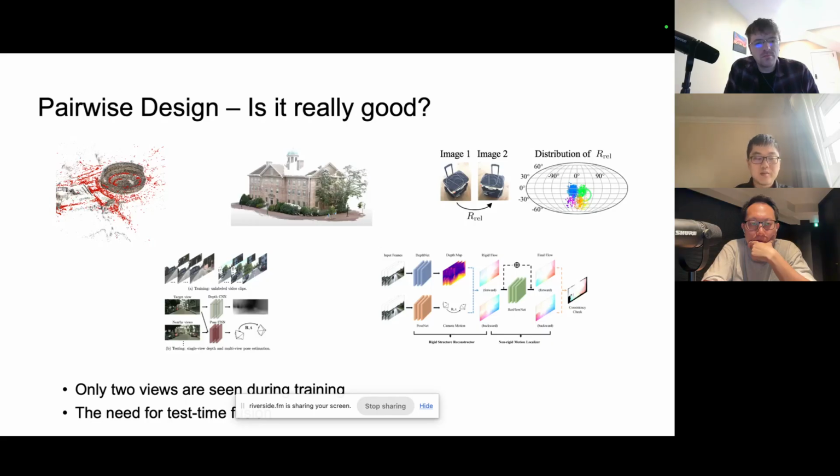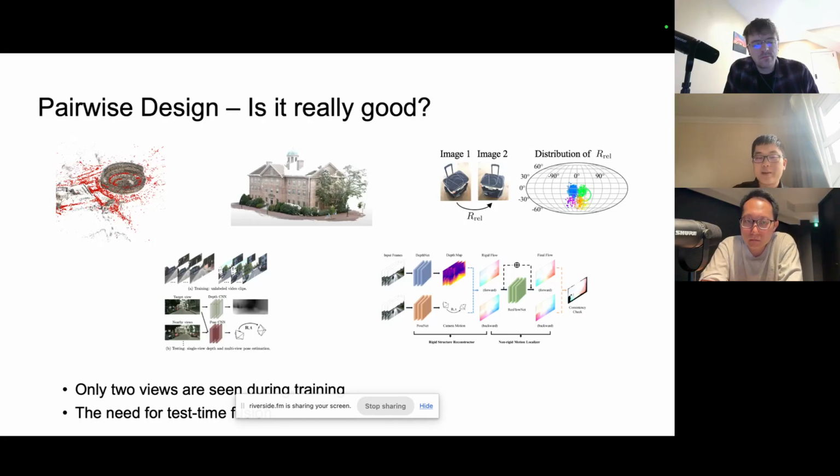During testing, people need to do some test-time fusion or test-time optimization to fuse the pairwise predictions into the whole reconstruction. That's a problem, right? We can see a mismatch here: the model cannot really leverage the information from the whole sequence.